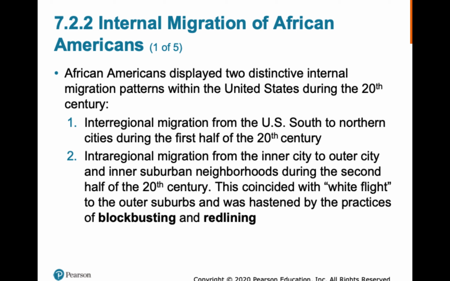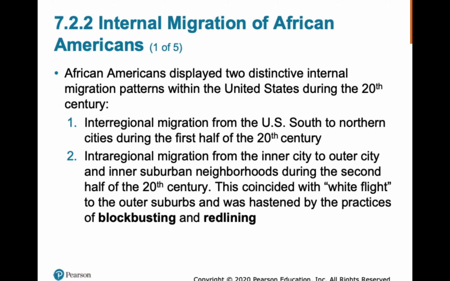And also when we talk about that interregional migration, it's largely affected by white flight that's caused by blockbusting and redlining. Blockbusting is when realtors scare white ethnicities of the devaluing of their property, then they're scared out of their neighborhoods to migrate to suburban areas.